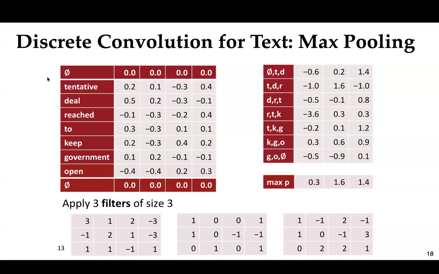That is the most significant window with respect to the convolution. Similarly, in this case, it was 1.6. So TDR, tentative deal reached, keep government open. This is one feature, this is another feature. It just tells you this is the maximum. It tells you what is the most significant one feature-wise. So you can relate that number back to the original inputs.